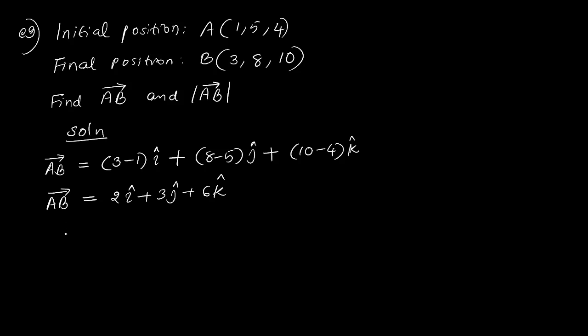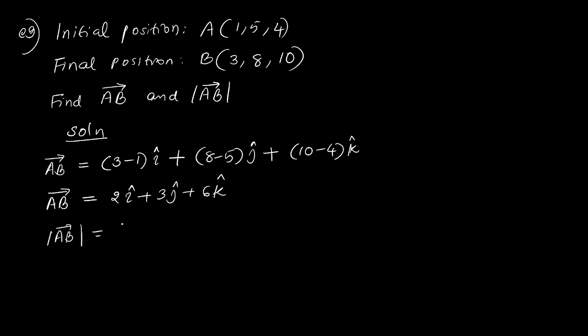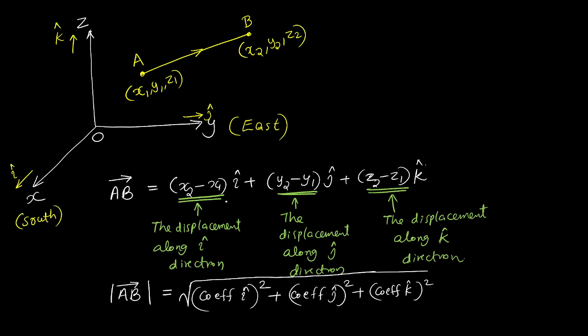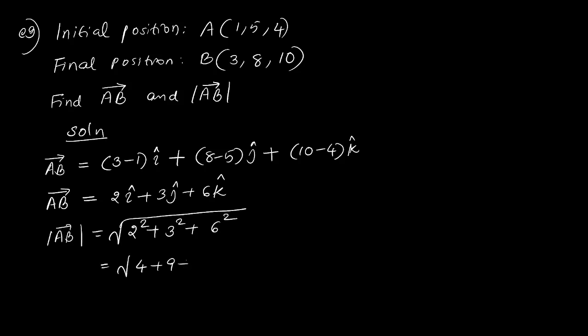And the magnitude of AB, meaning the distance between initial and final, is given by root of coefficient of i square plus coefficient of j square plus coefficient of k square. 4 plus 9 plus 36, it is 7 meter. The helicopter will have a net displacement of 7 meter.